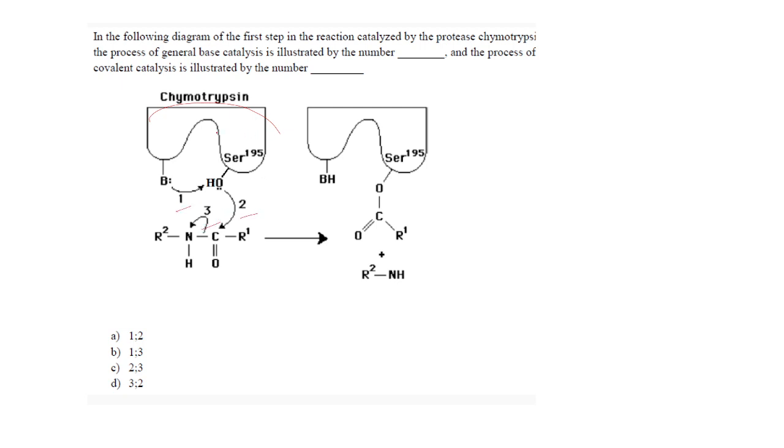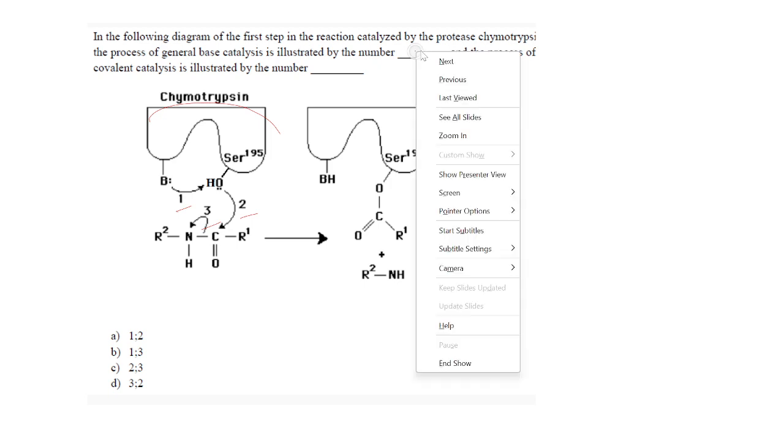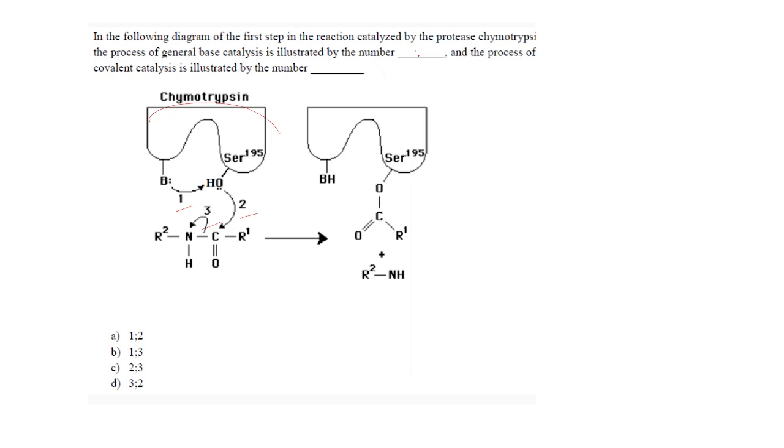They are asking the general base catalysis is illustrated by which number. So what should be filled here? Option B, 1 and 3. Yes, 1 and 3, correct. Option B is correct.